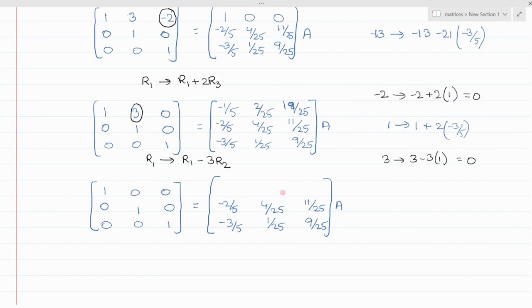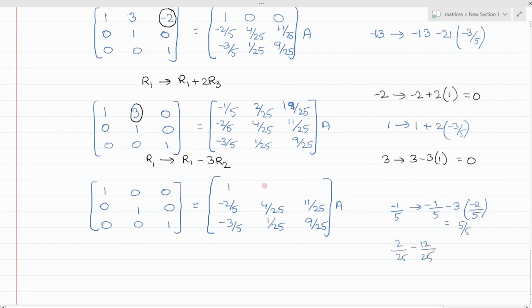And here minus 1 by 5 changes to minus 1 by 5 minus 3 times R2. Here it becomes 5 by 5, that is 1. And 2 by 25 changes to 2 by 25 minus 12 by 25, that is minus 10 by 25, which is minus 2 by 5. And 18 by 25 changes to 18 by 25 minus 33 by 25, that is minus 3 by 5.